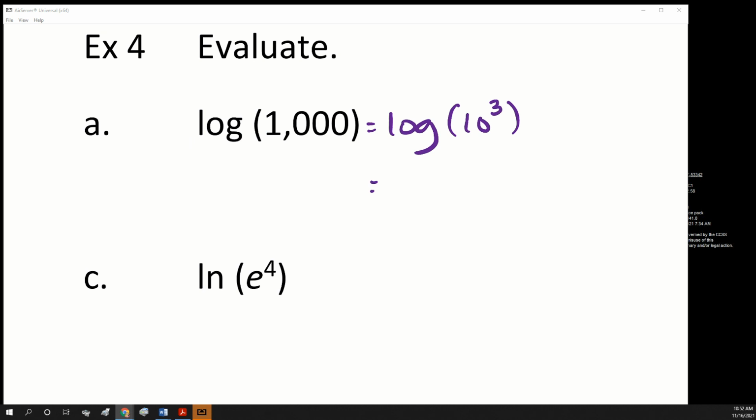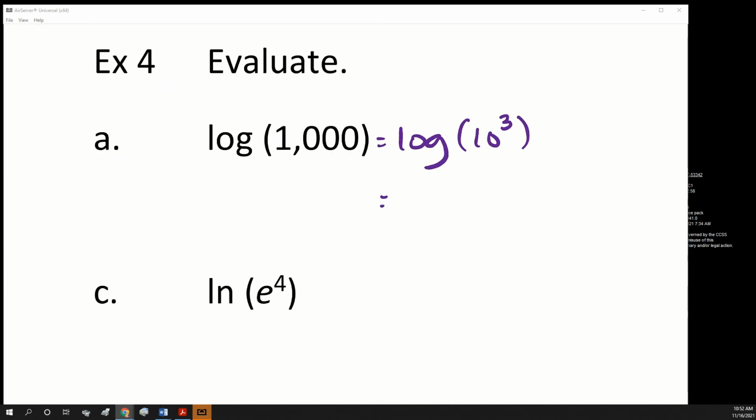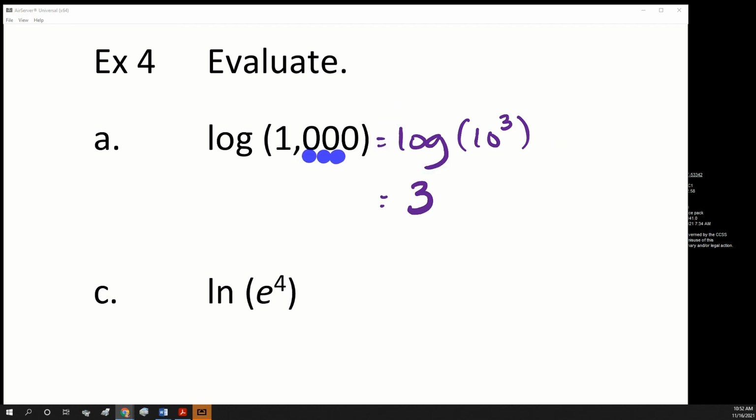So what do you think log of 10 to the third is? Just 3. Yeah, that's what we just talked about. So when you're doing these problems with base 10 and you got a bunch of zeros, you don't necessarily have to do this. You can just count the zeros. So if the zeros are after the 1, you just count those zeros, and that's the answer to the logarithm.